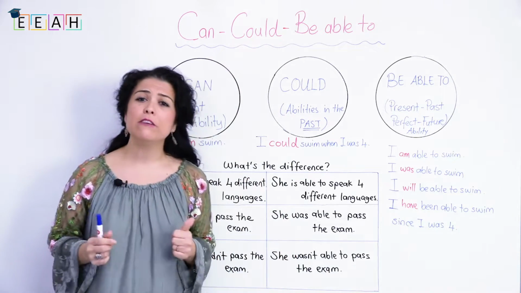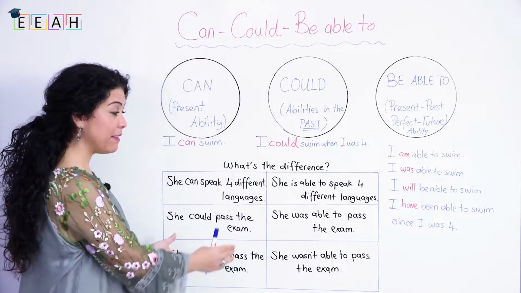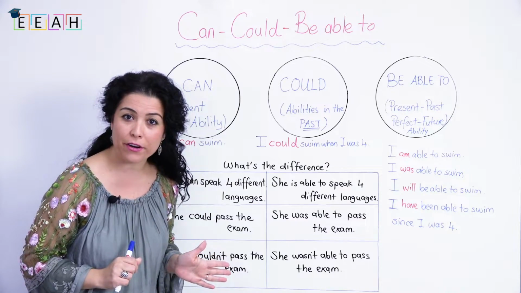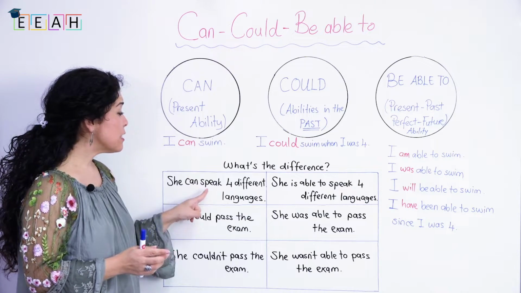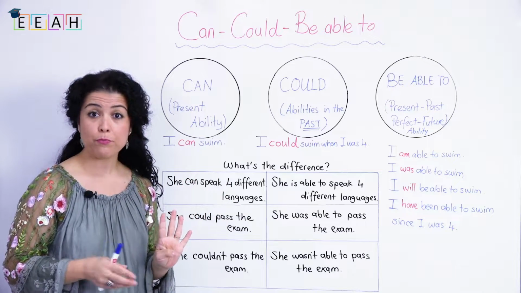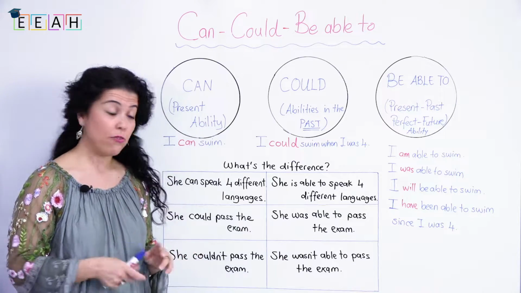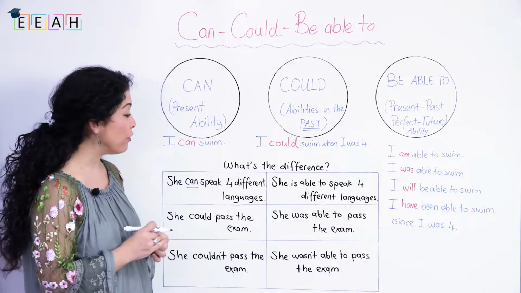So many people get confused about the difference. Let's have a look at these examples and talk about the details, what the differences are. Okay, so when we say, she can speak 4 different languages, we talk about a general ability, right? Good.